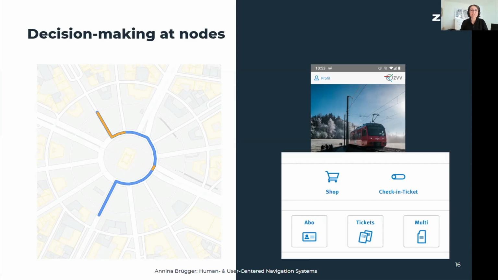ticket for public transport. So the user here has only the option to try out all the options that I get. That is not efficient, it's not fun. And next time I'm using this app, I still have probably the same choices. And unless I checked all the options, or unless I took the first choice that was the right one, I can't remember it next time.